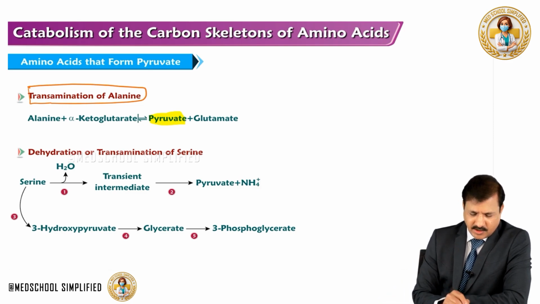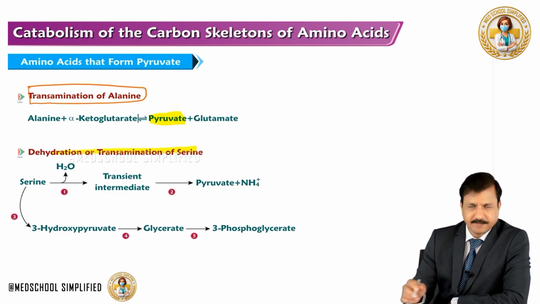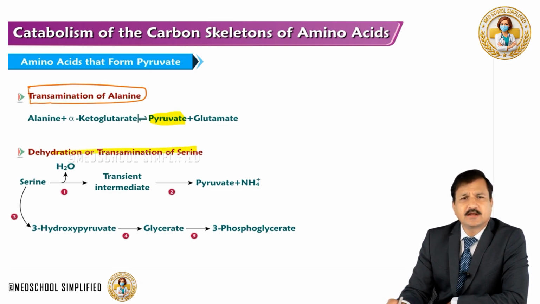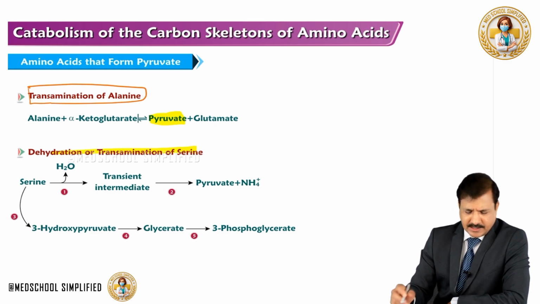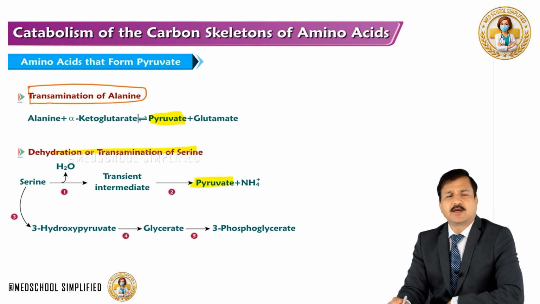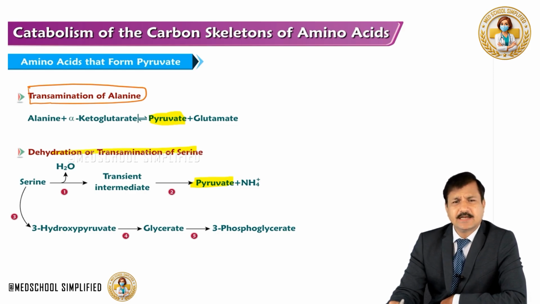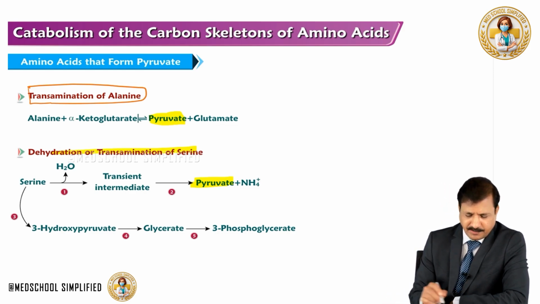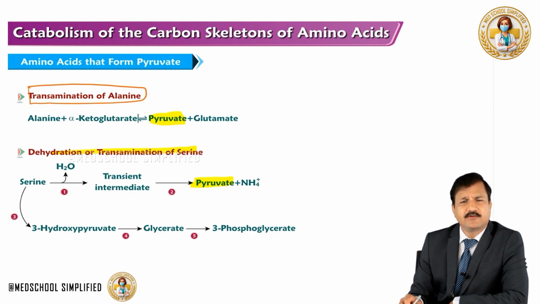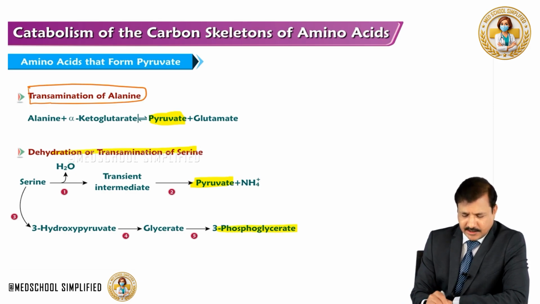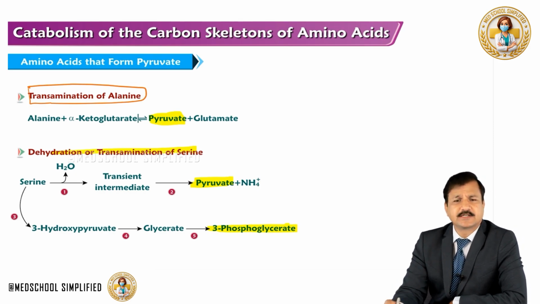Now, dehydration or deamination of serine can make pyruvate, as shown here. Serine undergoes dehydration to make a transient intermediate, and then pyruvate is formed, with release of an ammonium ion in this process. Also, serine can make 3-hydroxypyruvate, and this further makes a glycolytic intermediate, 3-phosphoglycerate.